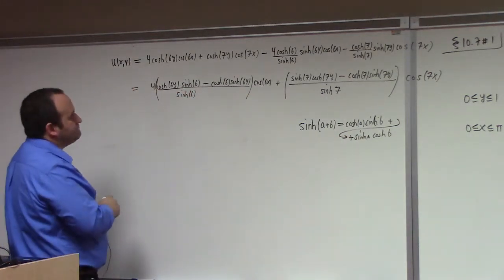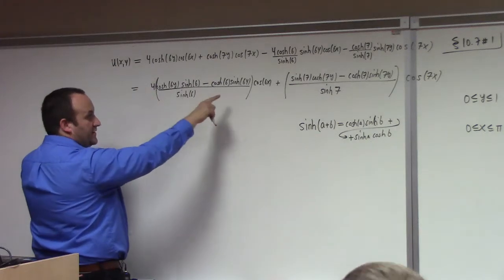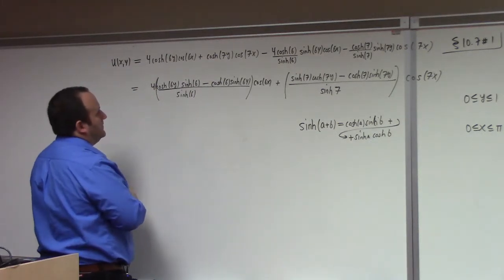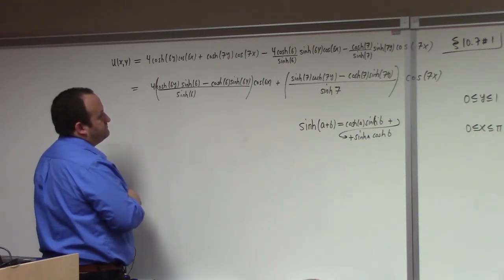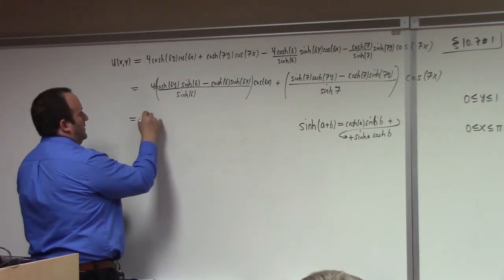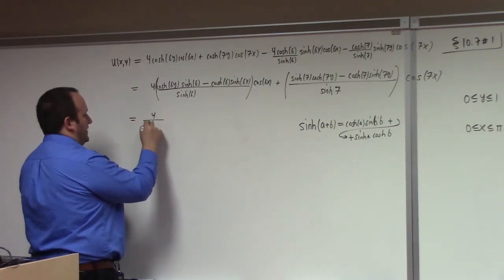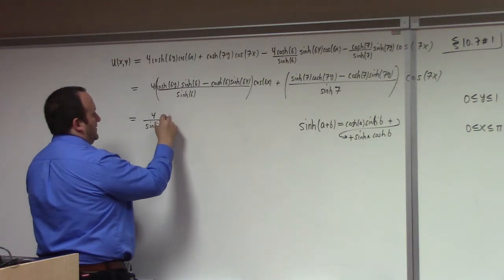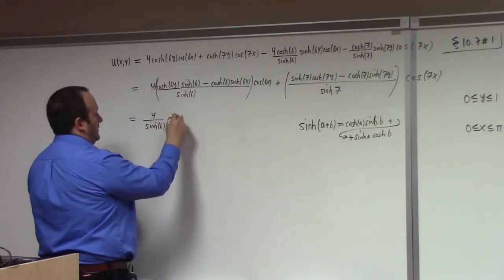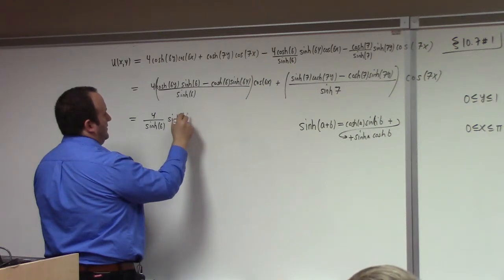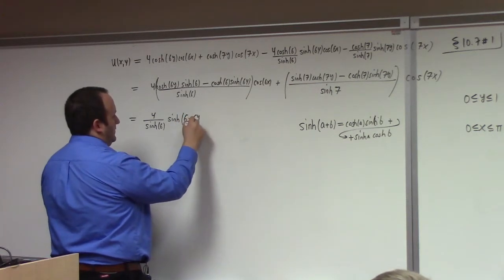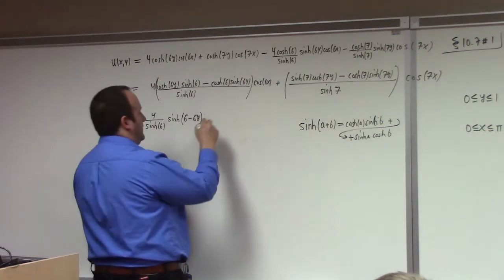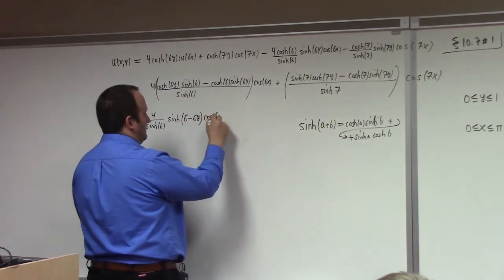If I remember that right, then you can look at this and go, oh, so that's really 4 divided by the hyperbolic sine of 6 times the sinh of, I want to say, 6 minus 6y, I think. And that over here, of course, times the cosine of 6x.